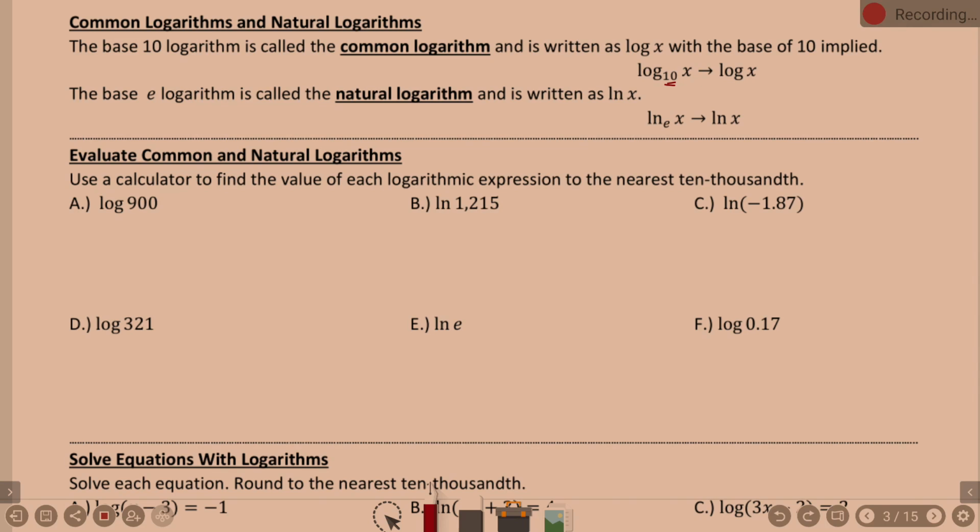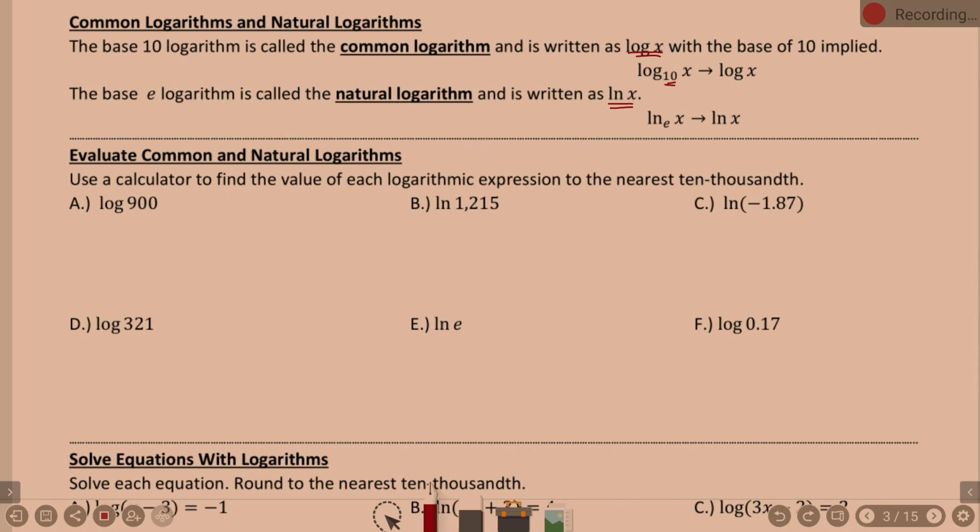We also have something called the natural log, and natural log is base e. If you recall, we talked about e being the natural number. It's that 2.718 number. The base e log is called the natural logarithm, and it is written as ln(x). So on your calculator, you're going to have two buttons somewhere.